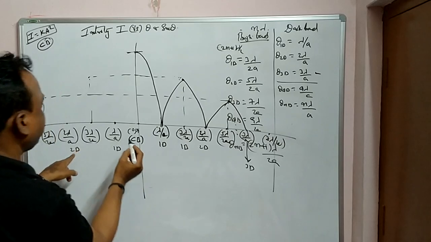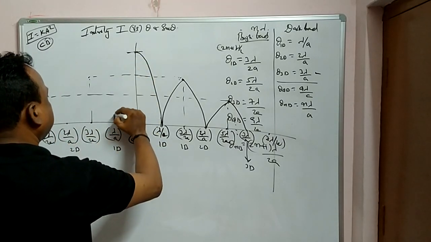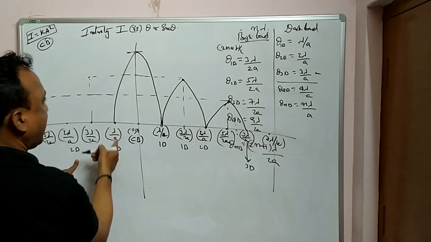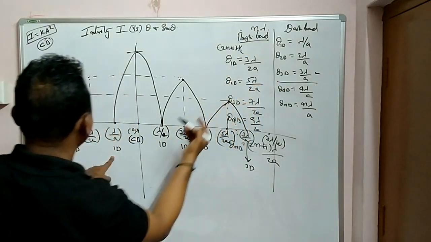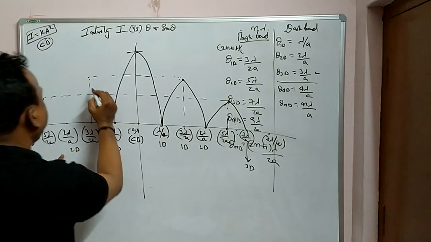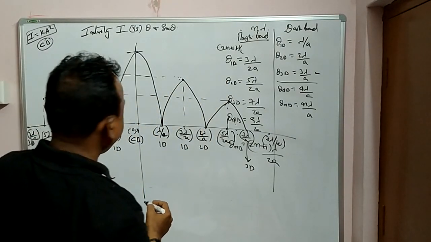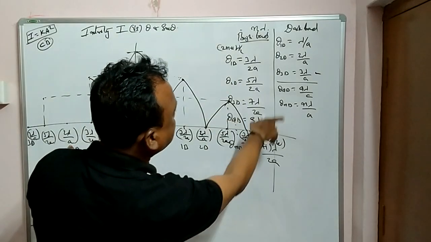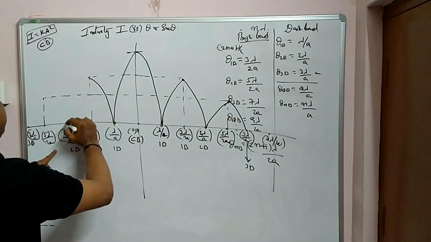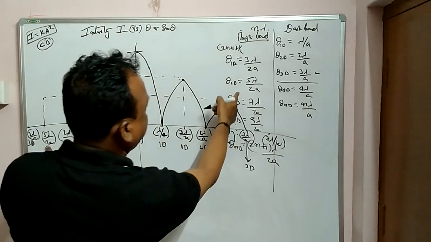The same way here also you can see the dark band at lambda by a, first dark. Again 3 lambda by 2a, first bright. Next 2 lambda by a, second dark again. Then 5 lambda by 2a, second bright.